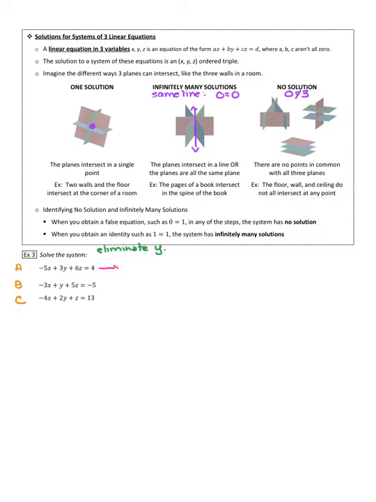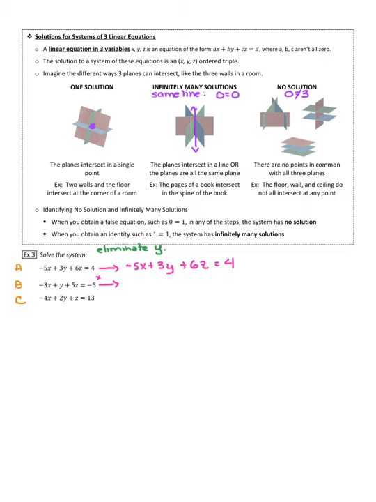So initially, I'm going to just rewrite this first equation for A as it is. So negative 5x plus 3y plus 6z equals 4. But since I want to eliminate y in B, I am going to multiply, and this is why I like to keep track of what I did in case I forget to multiply everything.